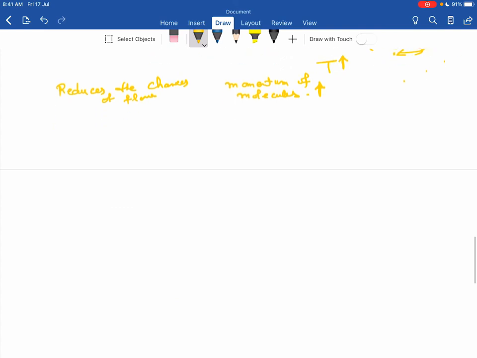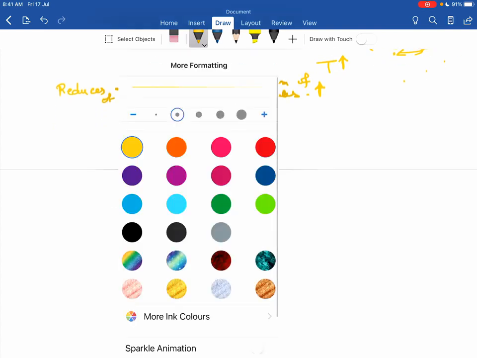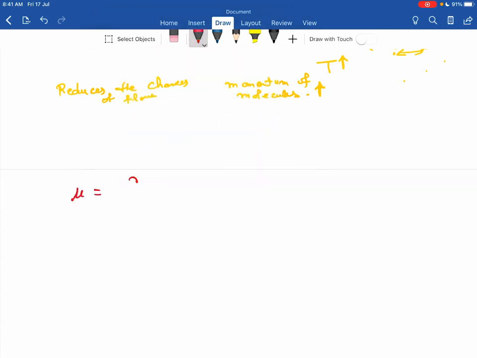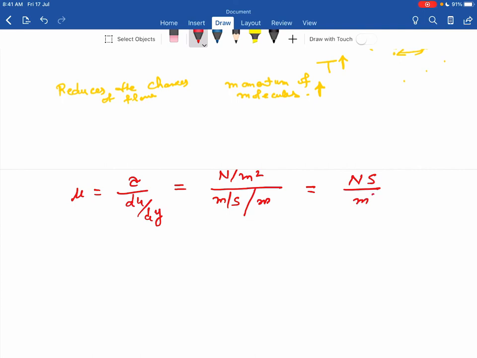Then next we see the units and dimensions of viscosity. Now you can write mu is tau upon du by dy. The unit for tau, stress, is Newton per meter square. Du is velocity, meter per second, and for distance it is meter. So you can write it as Newton second upon meter square.